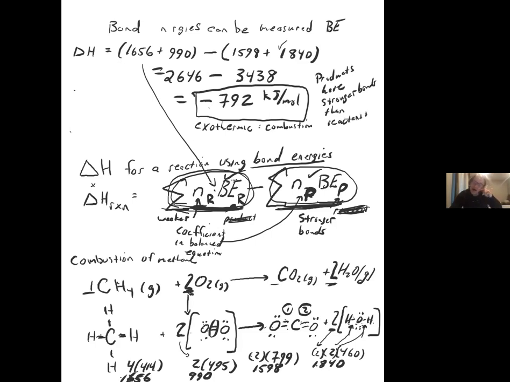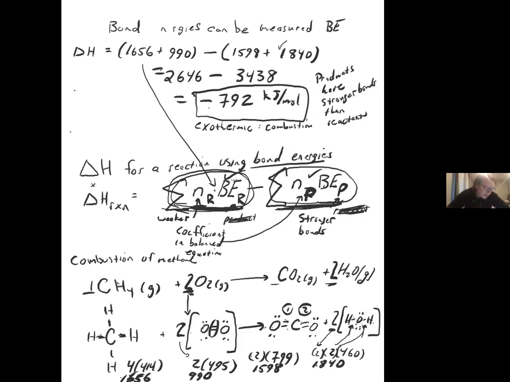If you got a positive number, then that would be the opposite. That would mean that overall the reactants have stronger bonds than the products. Okay? And so that now explains at the chemical level, at the physical level, why some reactions are endothermic and other ones are exothermic. It just all has to do with which bonds are stronger.